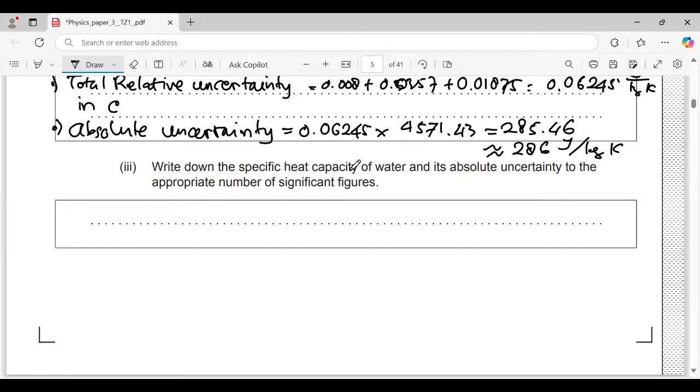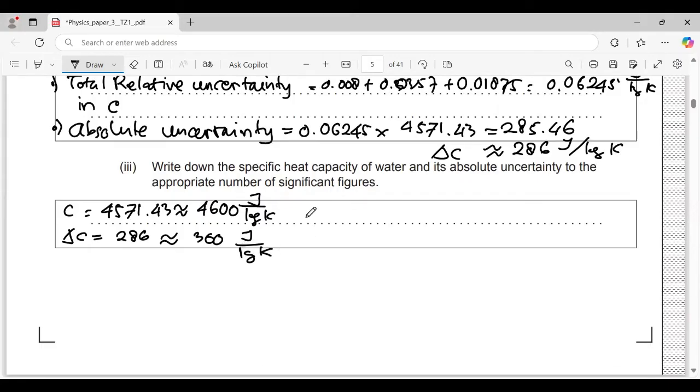So the specific heat capacity C equals 4,571.43, rounded to 4,600 joule over kg Kelvin, while the absolute uncertainty in C, that is delta C, is 286 rounded to 300 joule over kg Kelvin.